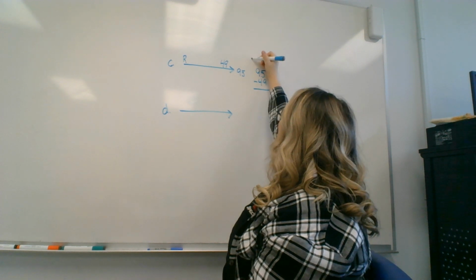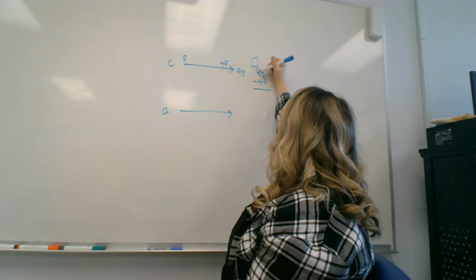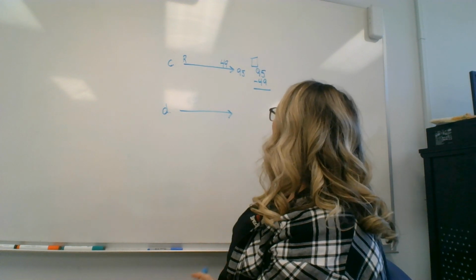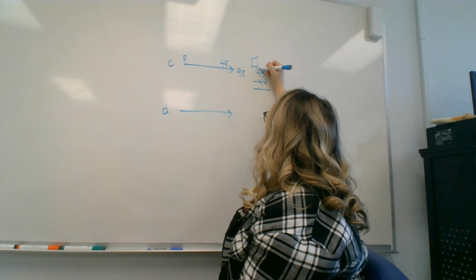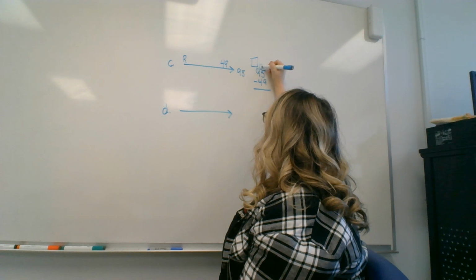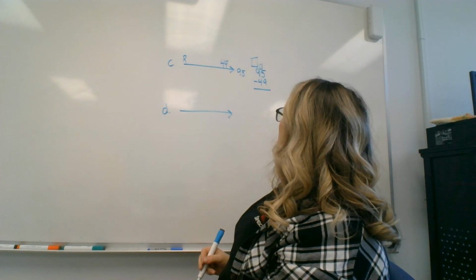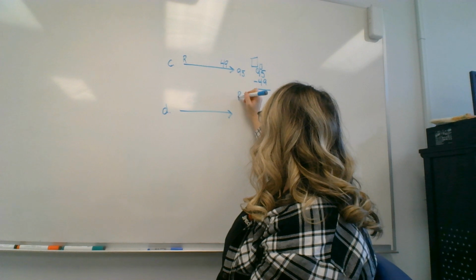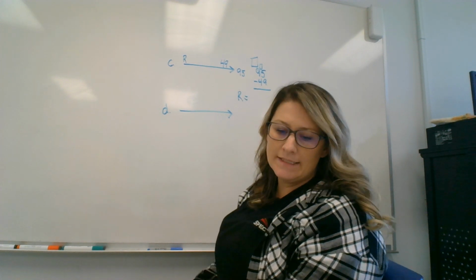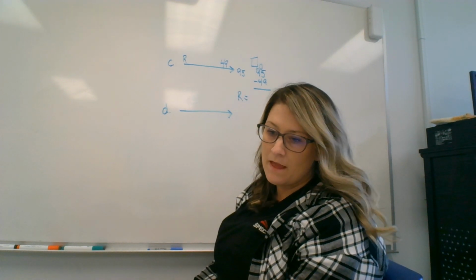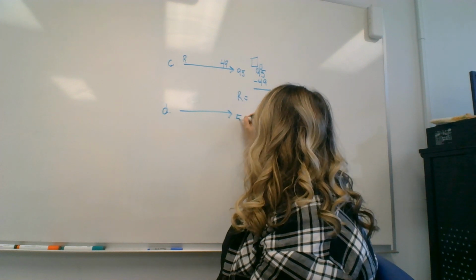Here I have to borrow. Don't forget to cross out your 9 and borrow. And then put your 1 over top. That will equal R. And D. The big number is 549.